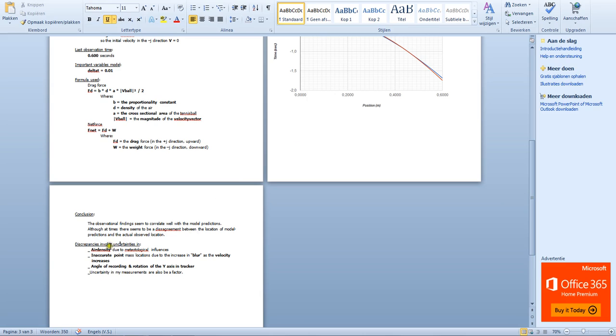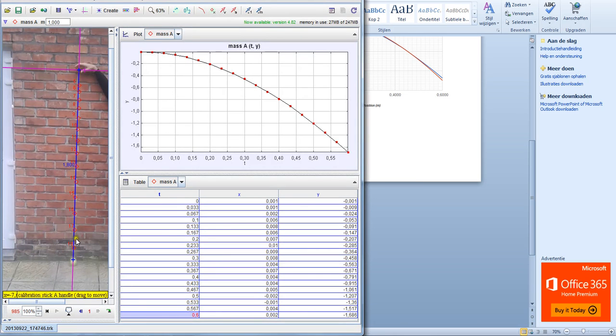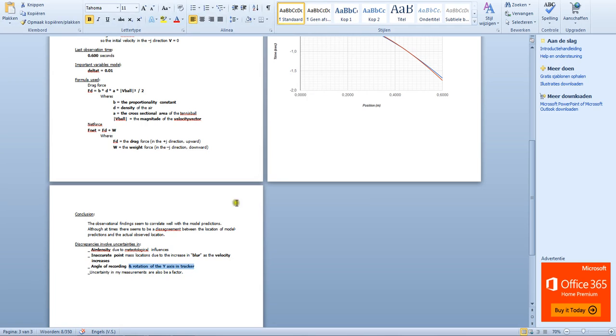It may involve uncertainties in air density due to meteorological influences, and inaccurate point mass locations due to the increase in blur as the velocity increases in Tracker. The angle of recording might also be a factor. The rotation of the y-axis in Tracker also plays a role.